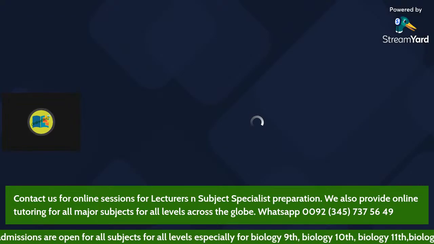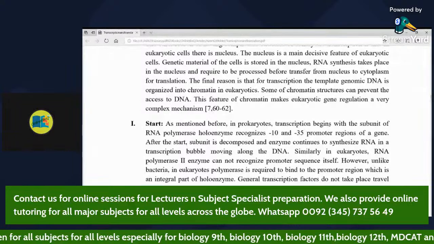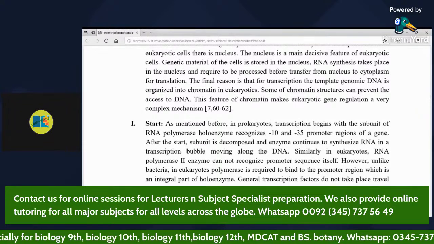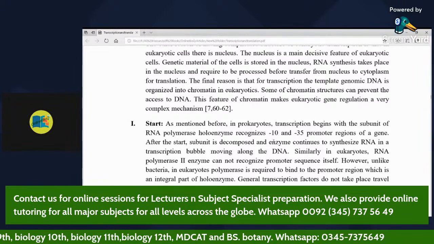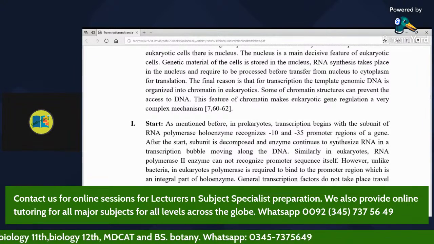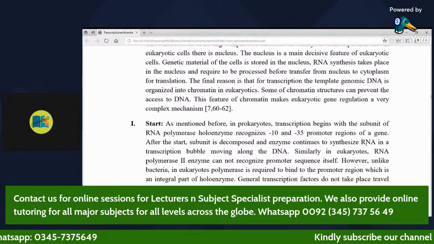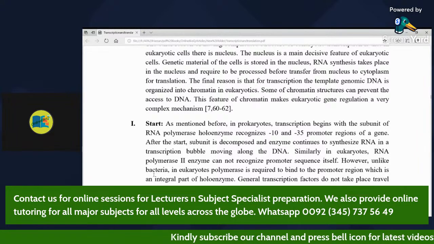As mentioned before, in prokaryotes, transcription begins with a subunit of RNA polymerase. The holoenzyme recognizes the -10 and -35 promoter regions of a gene. After the start, the subunit is released and the enzyme continues to synthesize RNA in a transcription bubble moving along the DNA.